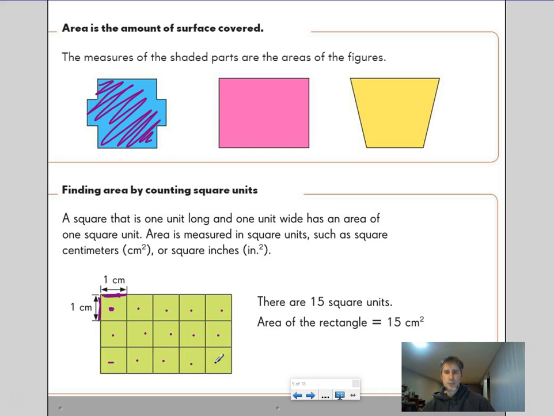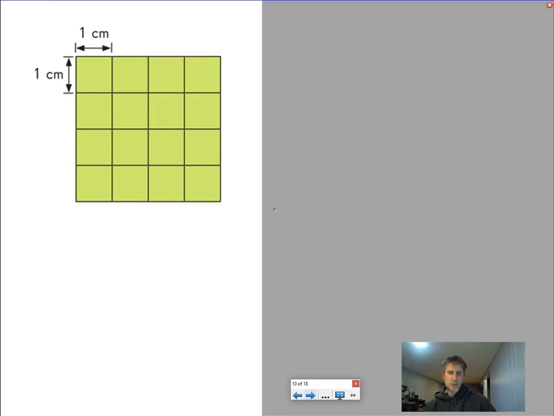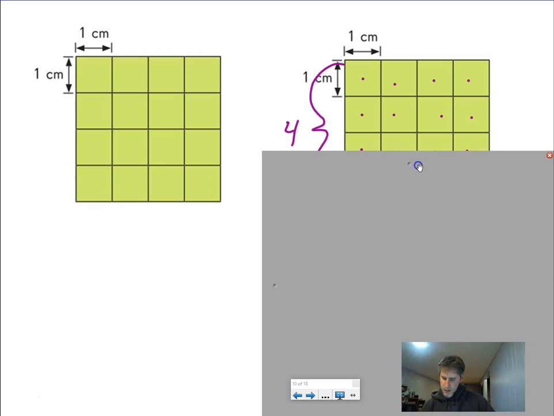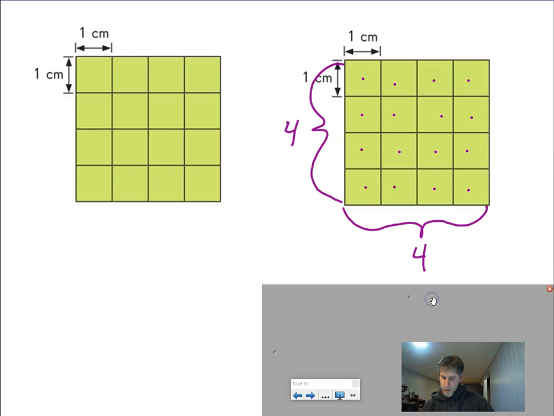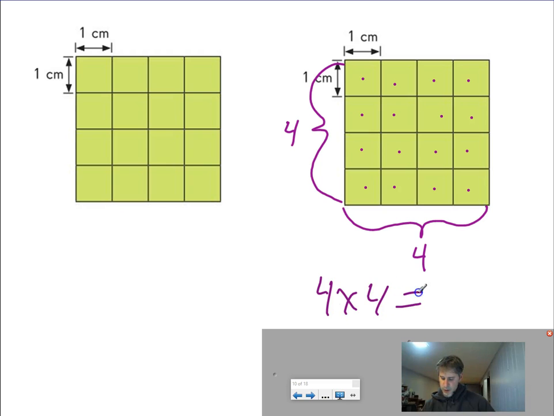But as you've gone forward, you know that there is a different approach that we can do for rectangles. Before we do, take a look at this. Put in what you think is the answer for this particular shape. And now that you're back after putting your answer in, I could count 1, 2, 3, 4, 5, all the way up to 16, or I could also say this side is 4, and this side is 4, and I know that 4 times 4 would give me 16.